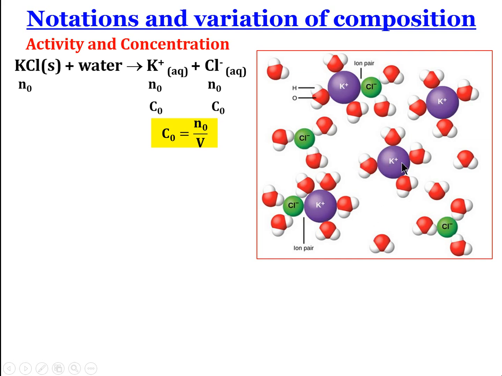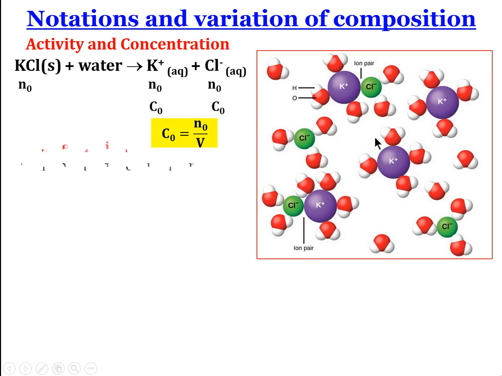And this is, as we said, the solvation process. But at the same time, K+ and Cl- can form what we call an ion pair due to the attraction. And this ion pair is K+ directly bound to Cl-.